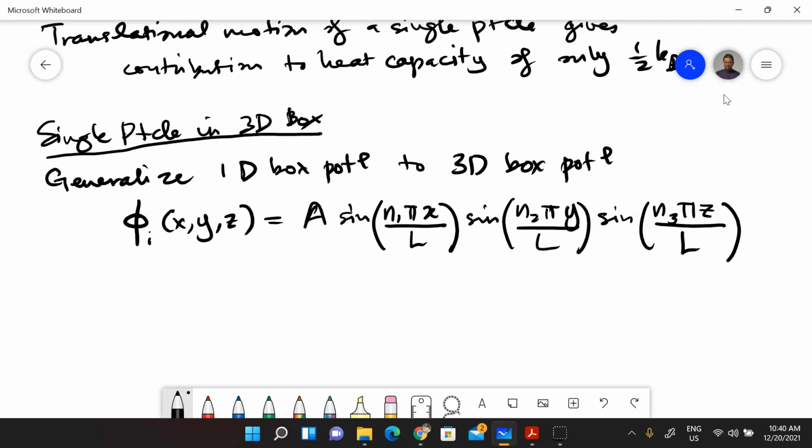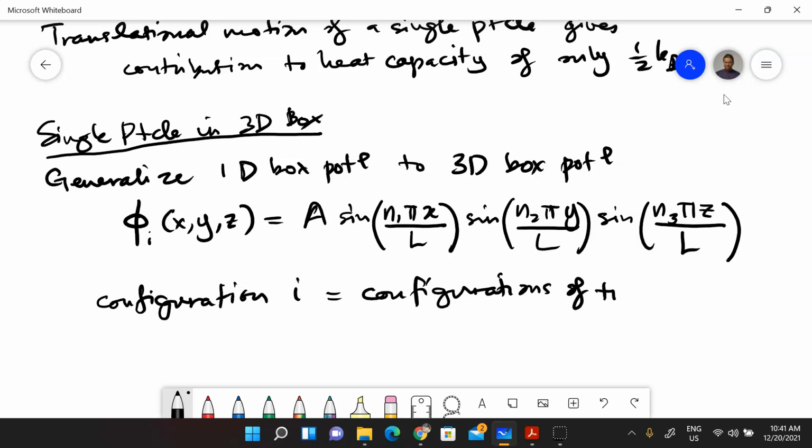So in other words, we say the configuration i here corresponds to the triplet of these quantum numbers n1, n2, and n3.